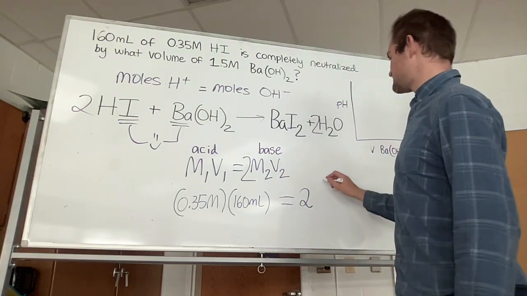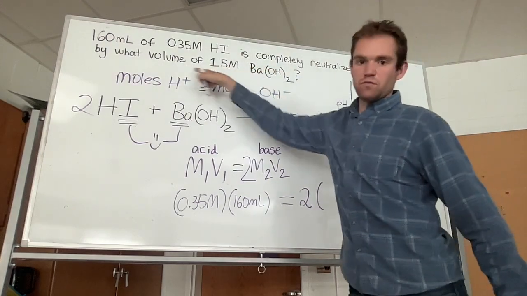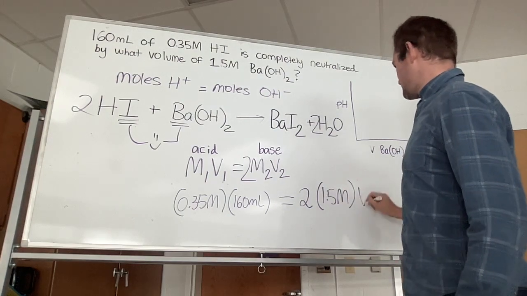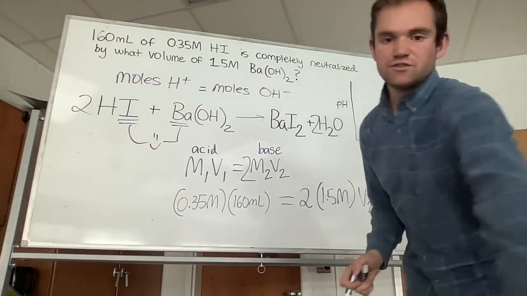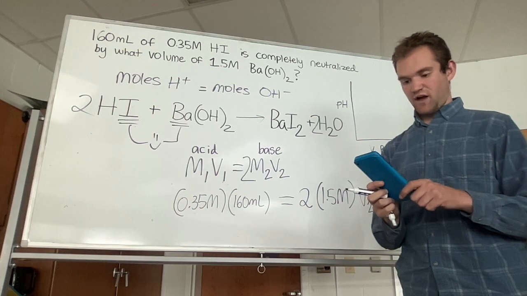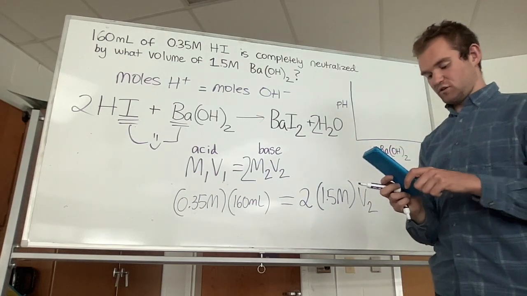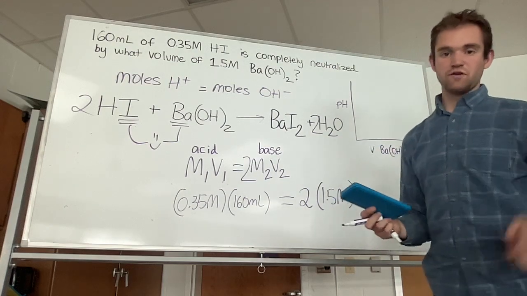So 2 times, well, we don't know volume, so we want molarity here. So 1.5 M times V2. A lot of numbers here. Plug and chug. So on my calculator, I'm going to do 0.35 times 160, and you can keep this in milliliters because it's your M1V1 equation.